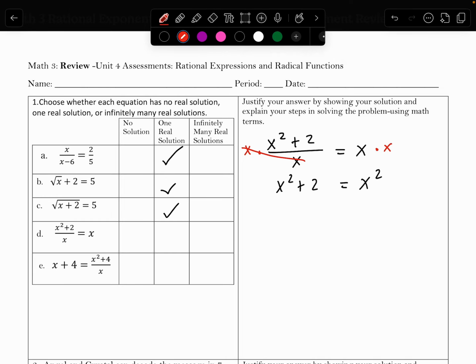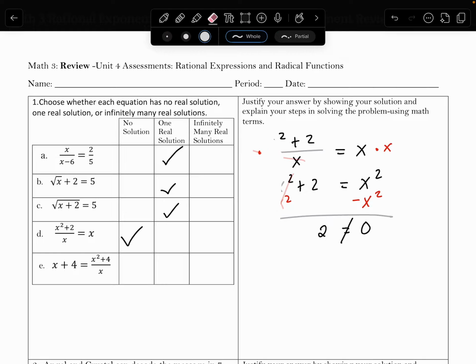And then we see x squared is by itself. There's another x squared here, so I'm just going to go ahead and move this x squared to the other side. So now we have 2 equals 0. This is an untrue statement, therefore there's going to be no solution.